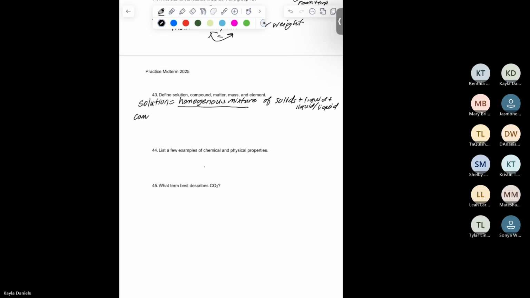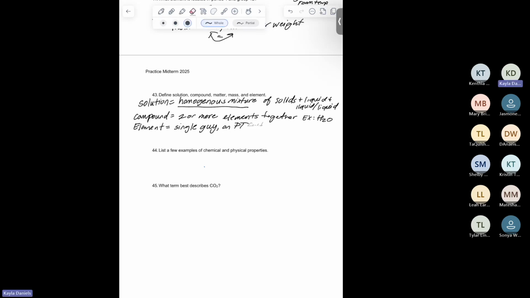Compound, right? This is two or more elements together. For example, H2O. An element is just a single thing. You find it on the periodic table. I'm going to call it single guy on PET, periodic table. So for example, just hydrogen. That's kind of messy. Let me erase this.